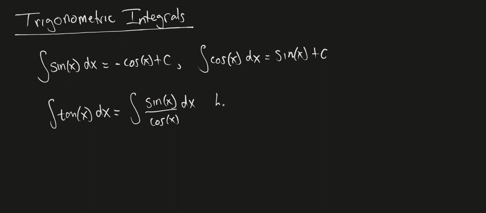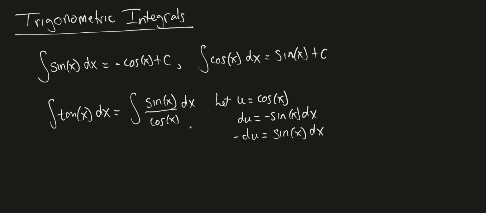So if I let u be equal to cosine of x, then du is negative sine x dx. All I'm missing is a negative in my problem, but we know how to fix that. Multiply both sides by -1. So we have negative du is the sine of x dx.